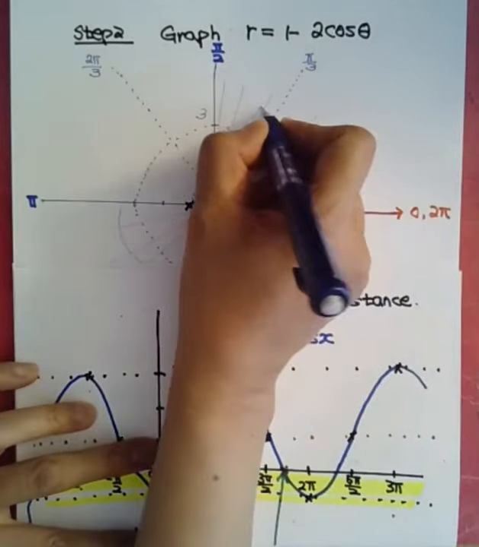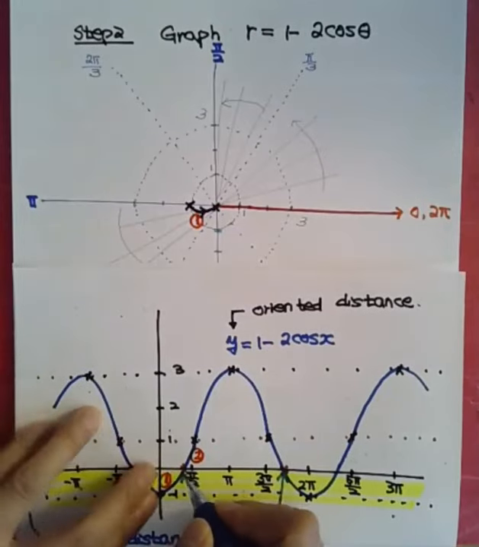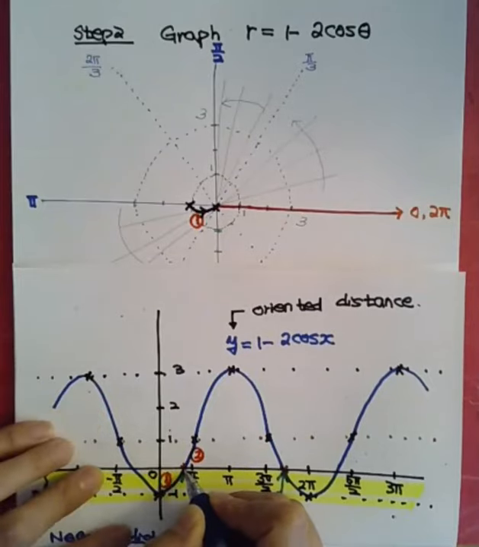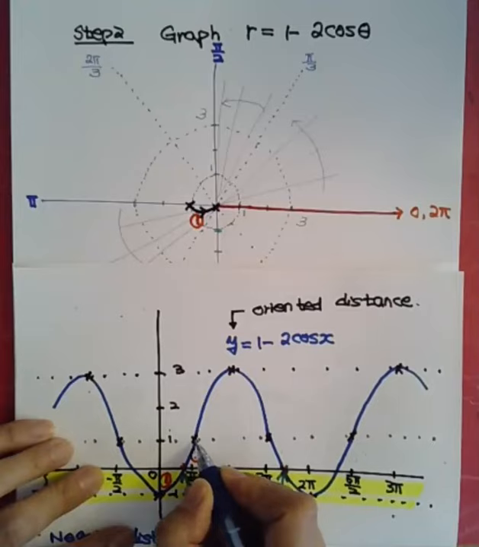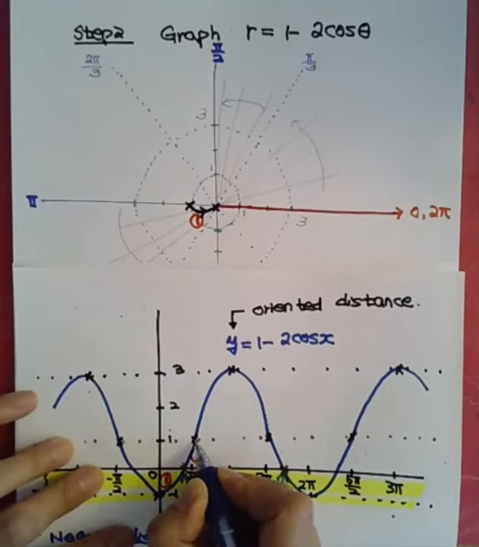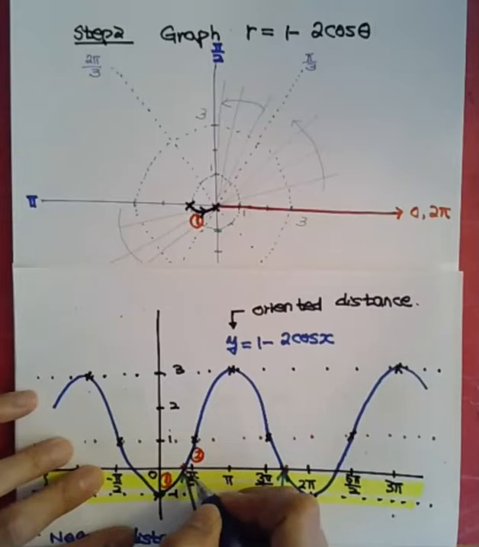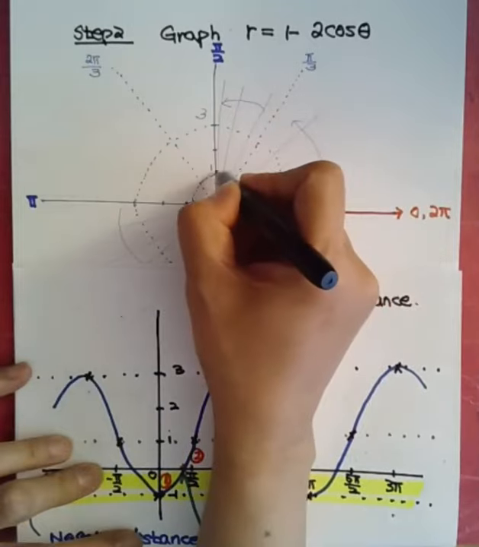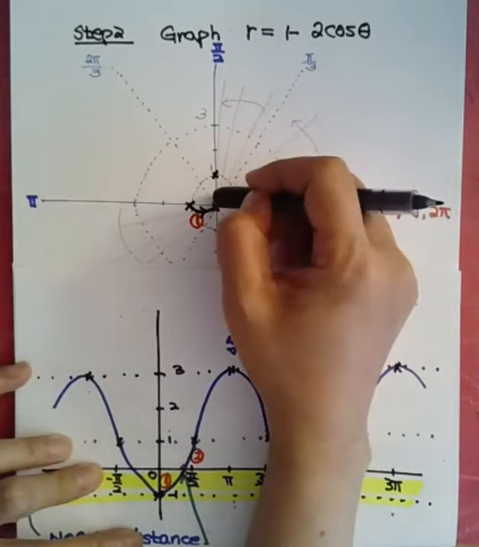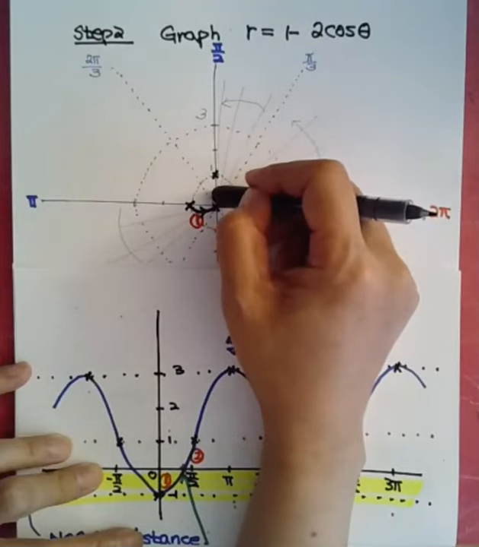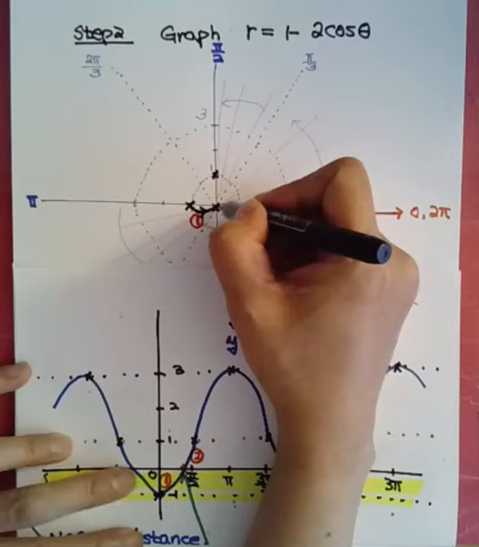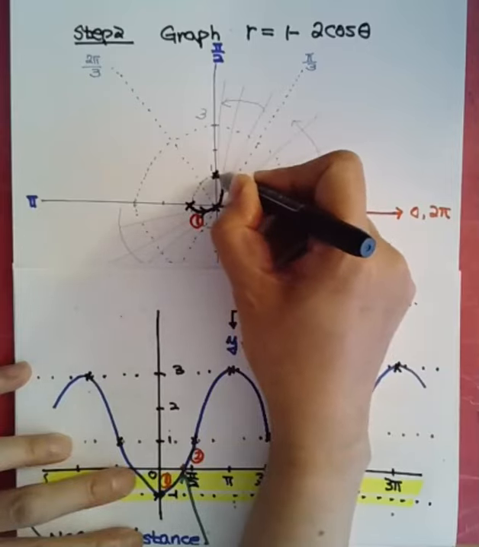The angle varies in this way. The distance starts from 0 and increases, and then it becomes 1 when the angle becomes pi over 2. So when you follow through these angles, the distance will gradually increase and then eventually become 1. So the shape will look like this.